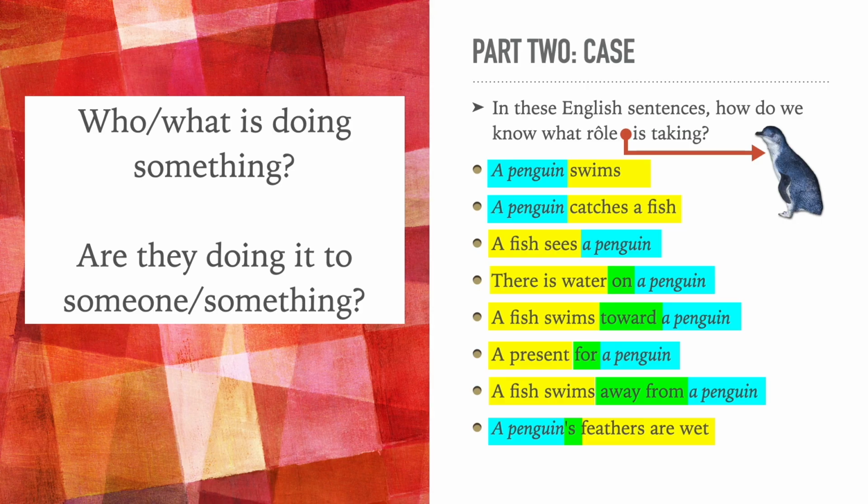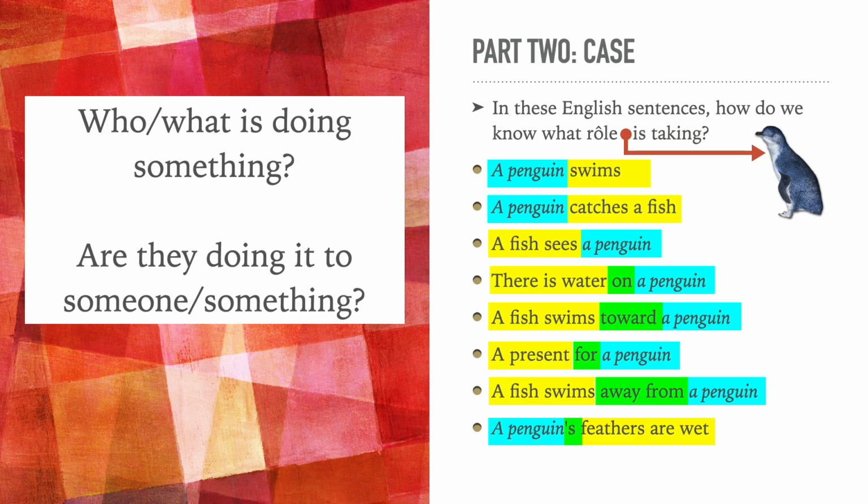The next four examples, we can see that there is water on a penguin, a fish swims toward a penguin, a present for a penguin, a fish swims away from a penguin. In each of these, the penguin isn't really doing anything in particular, but the action is occurring in relation to them.